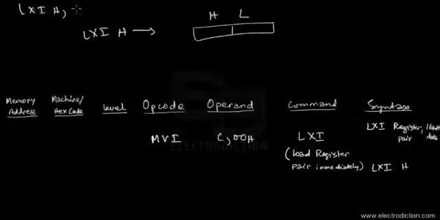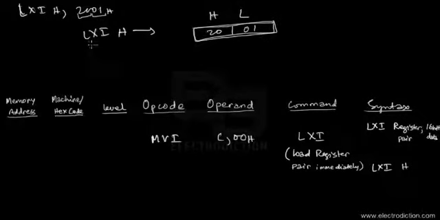So if we write the command this way, LXI H comma 2001H, then it will divide 2001 into 2 8-bit groups since it's 16-bit data, and load the H register with the higher 8 bits and L with the lower 8 bits. So now you can see how we can use 2 8-bit registers to store 16-bit data together.